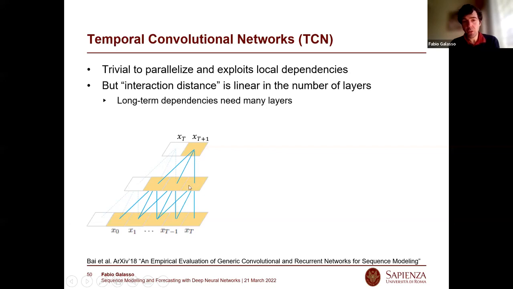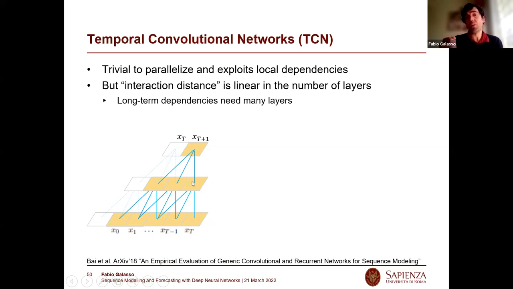And if my convolutional kernels are of size 3, then in order to cover a sequence of 5, I need 2 layers. So in order to cover a sequence of, say, 7, I need 3 layers.